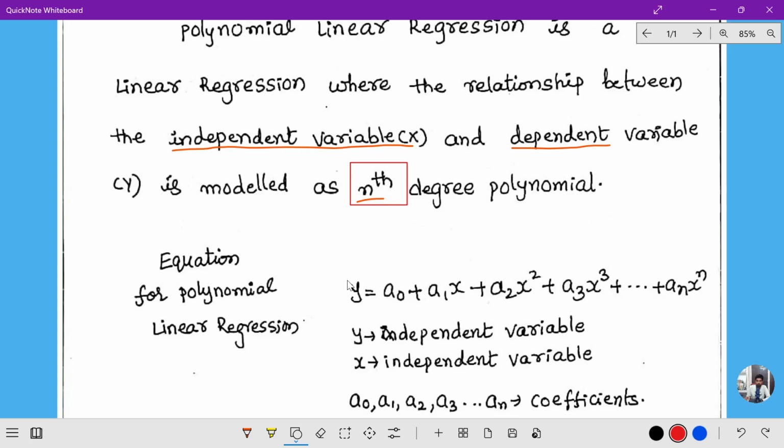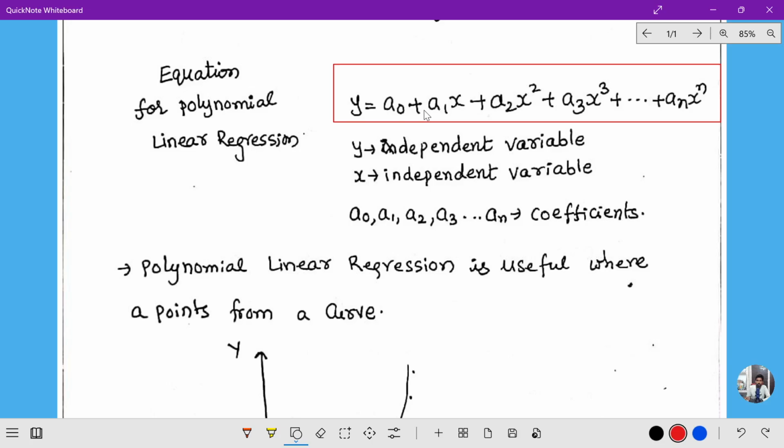So what is the equation for this polynomial linear regression? The polynomial linear regression equation is y is equal to a0 plus a1x plus a2x square plus a3x cube, so on up to an x power n. Remember all of you, this y is called the dependent variable and x is called the independent variable.